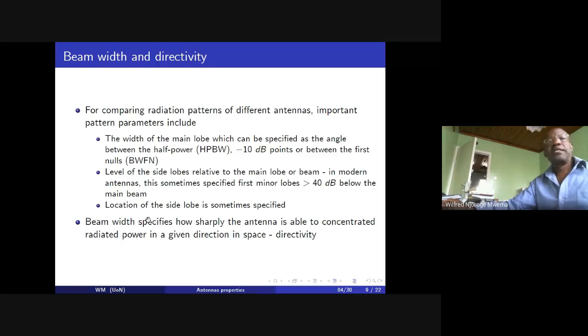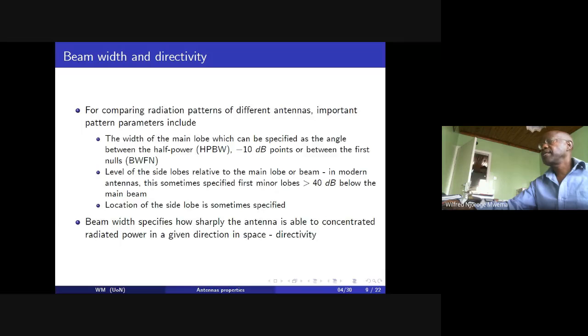So the beam width specifies how sharply the antenna is able to concentrate the radiated power. It's more like, if you look at it in the optical sense, when you have a lens. Say, for example, when you are looking at an object, you are trying to focus the light that is reflected from the object through your eye.